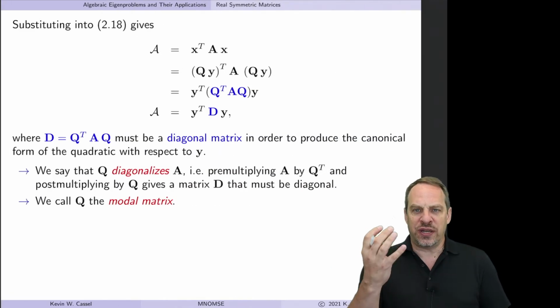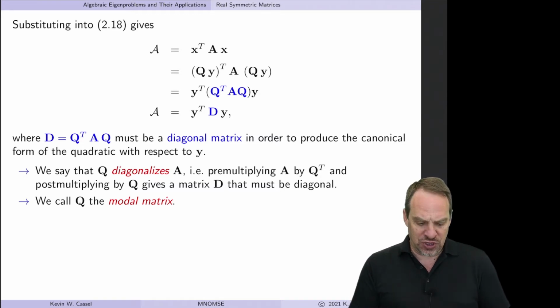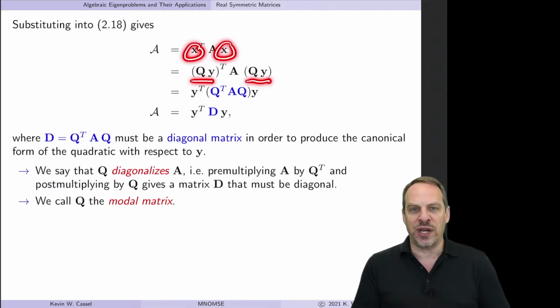So let's take a look at our quadratic in terms of x, and for it to be a quadratic in terms of y with a diagonal matrix, what does that mean for how the Q is used? We have our original quadratic, x transpose times A times x, but now x is Q times y.